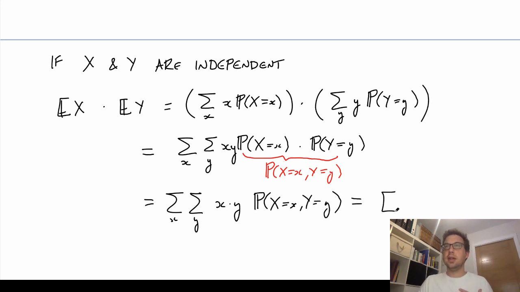Right? And then this, by definition, is equal to the expected value of x times y. Alright? Right, so that gives a few properties associated with the expectation. Alright?